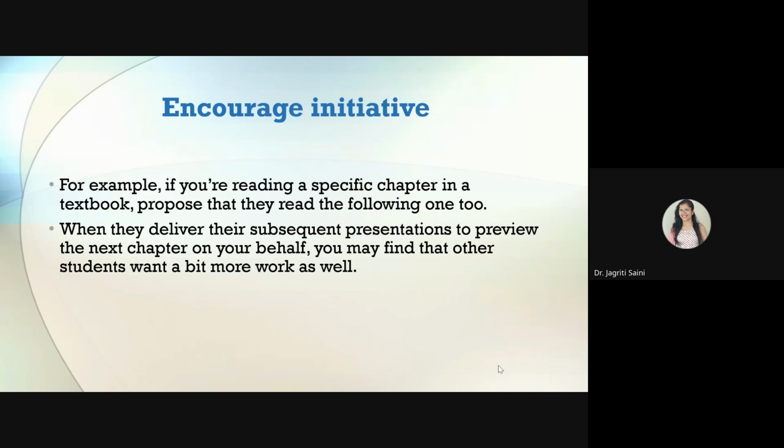So we can create a balance between them. Maybe sometimes you give a little extra work to the proactive students if they are willing to take it. Maybe you can give them a task to get an overview of the next topic and allow them to discuss it in the beginning of the class, so that whatever they have just studied, they can confidently bring it out.